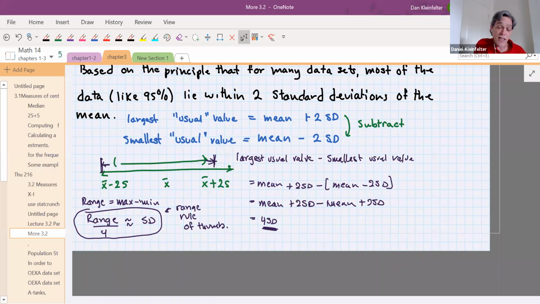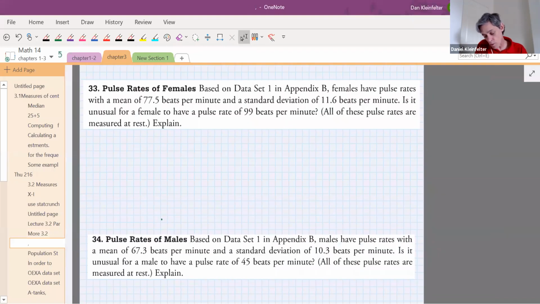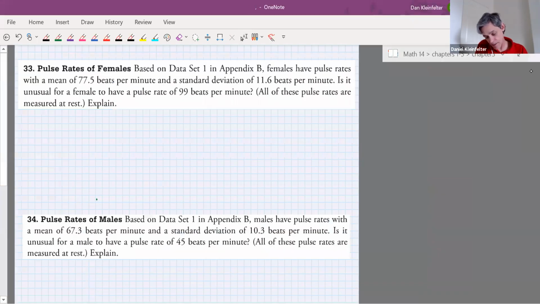It has the advantage that it's easy to calculate. You take the range and divide by 4. Of course, that won't give you exactly the standard deviation, but sometimes we can use it as a replacement for it. All right, so moving along. We wanted to do a couple of problems from the textbook next.